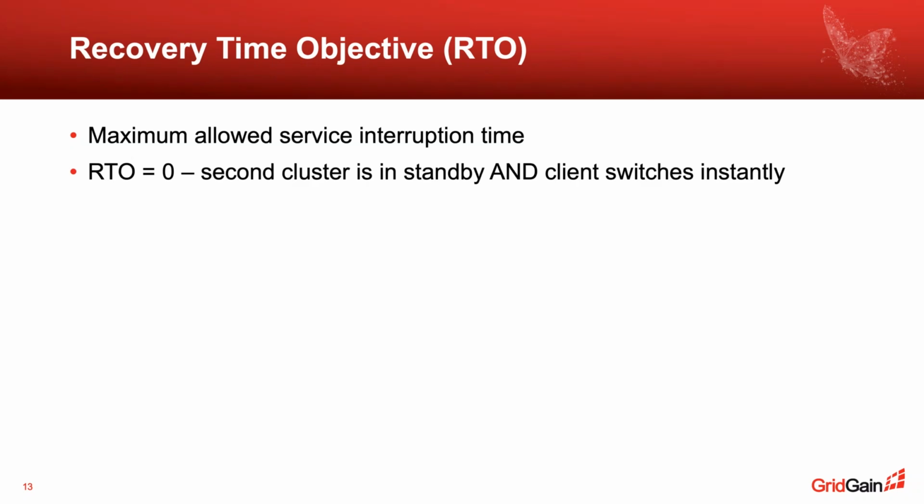So RTO of 0 would mean that we have some reserve system which can accept application requests. In other words, it's in a standby mode, and our clients or applications can switch from the primary system to the secondary in an instant.